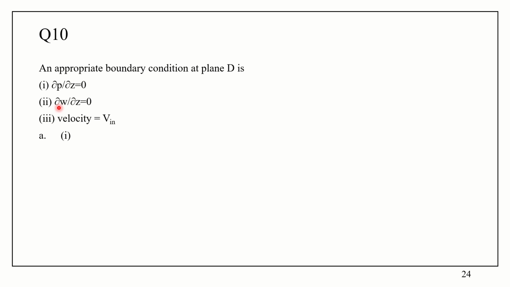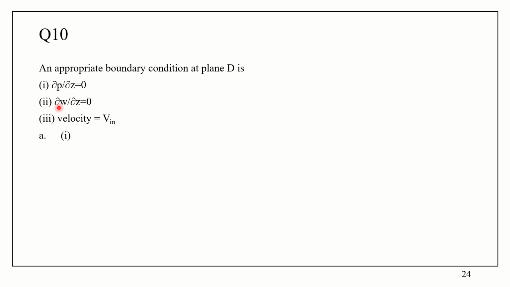And the second option means dou W by dou Z equal to 0. This is a true statement because there is not much variation; the W component of velocity in the Z direction is not varying. So dou W by dou Z equal to 0 is true.